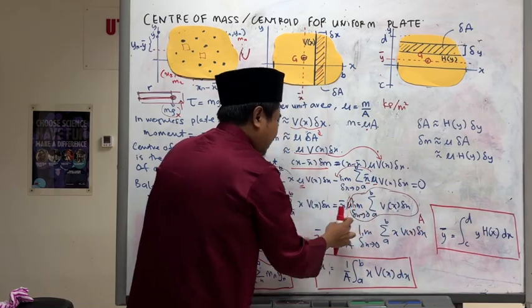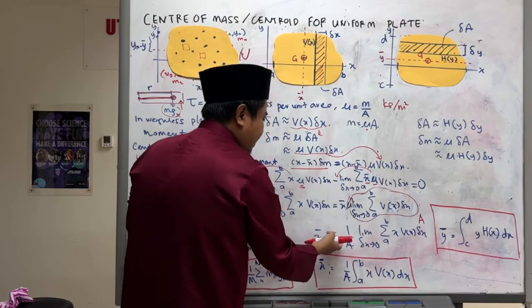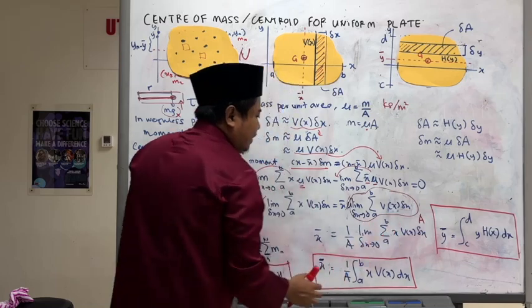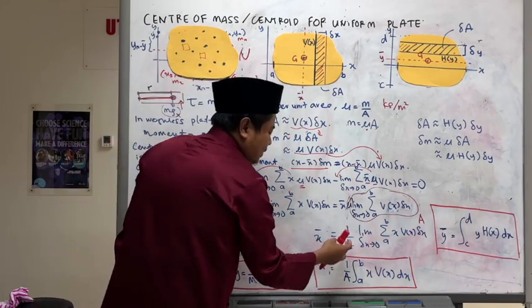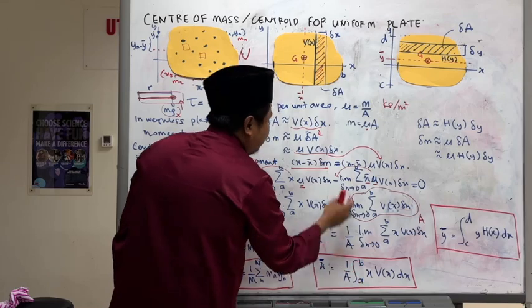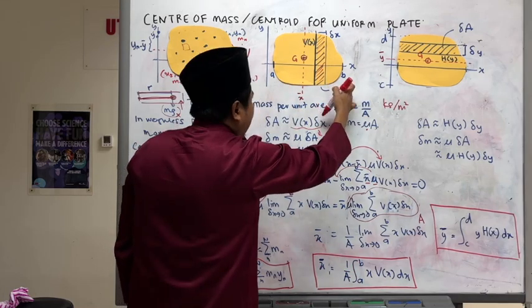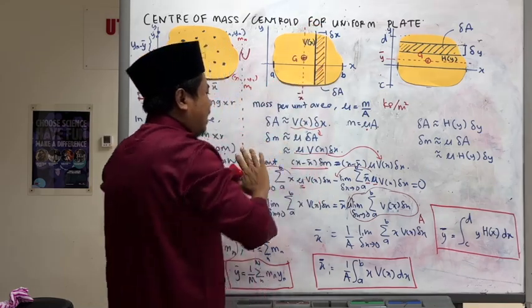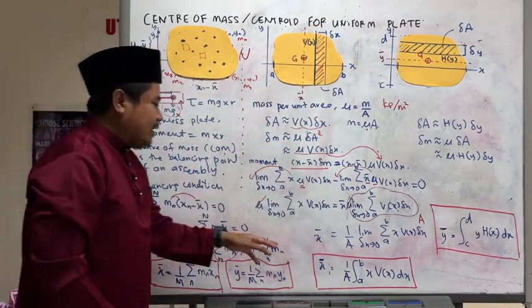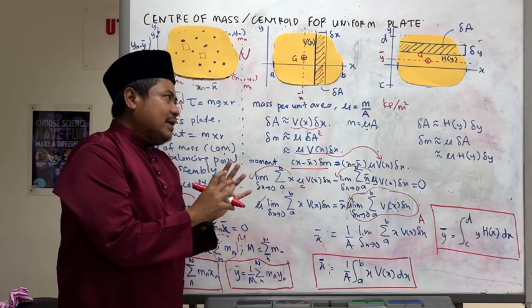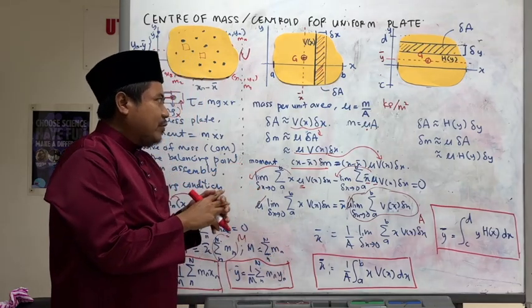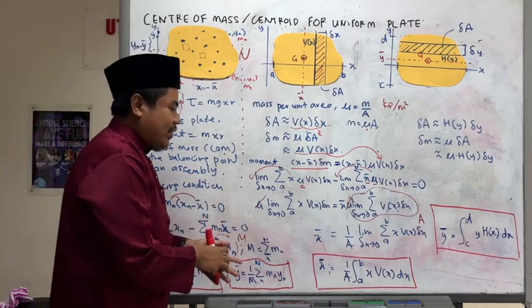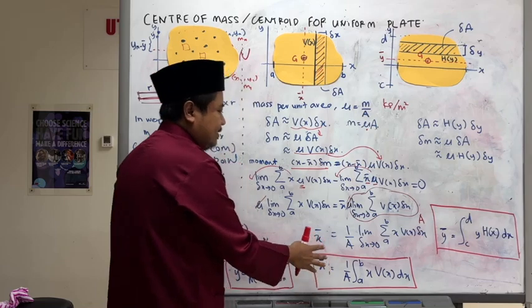So you can rearrange back and you get this. Finally, this can be written in integration form: x bar equals 1 over A, integral from A to B of x times v(x) dx. So this is how we can calculate the center of mass, or we call it the centroid, for your uniform plane, the centroid point for the x-axis.